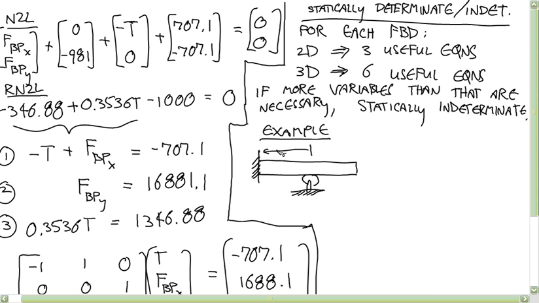Say each of these lengths is 1/2 a meter. And you have a force acting down of 50,000 newtons. And say you want to calculate the reactions.